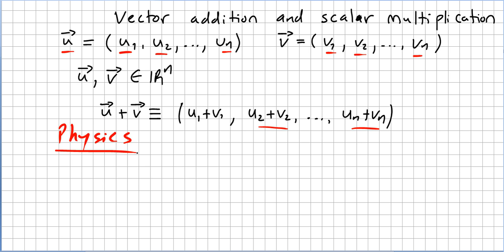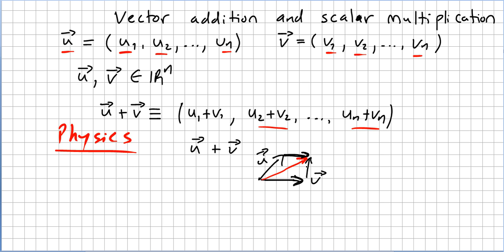We saw in the previous video this vector concept in physics. So what is adding from the physics point of view? Adding two vectors. So we have vector u and we have vector v.